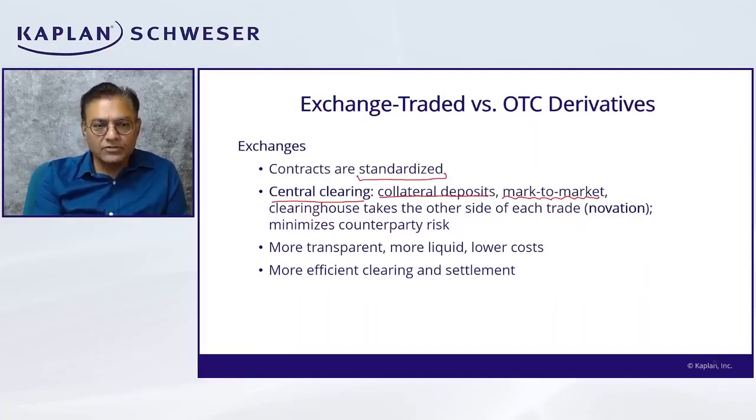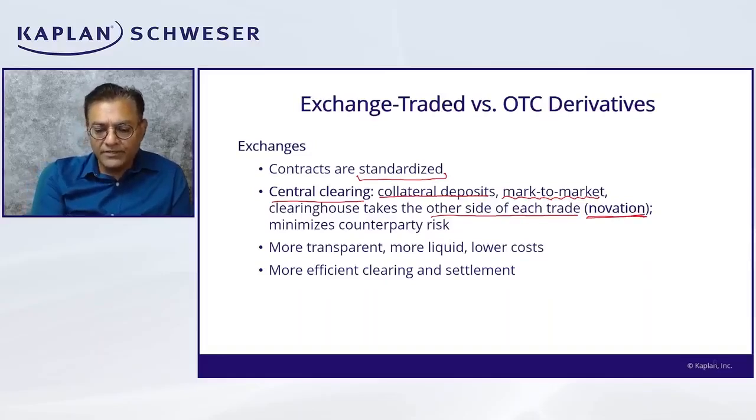So the clearinghouse basically takes the opposite side of every trade. We'll talk about novation, that is a label used when the clearinghouse takes the opposite side of every trade. Typically a contract involves a buyer and a seller.